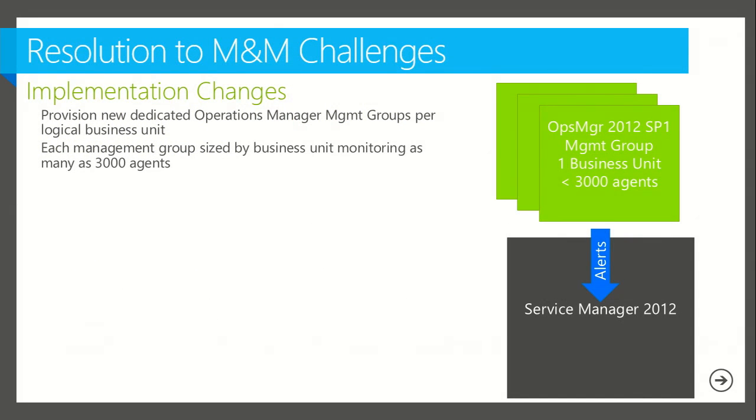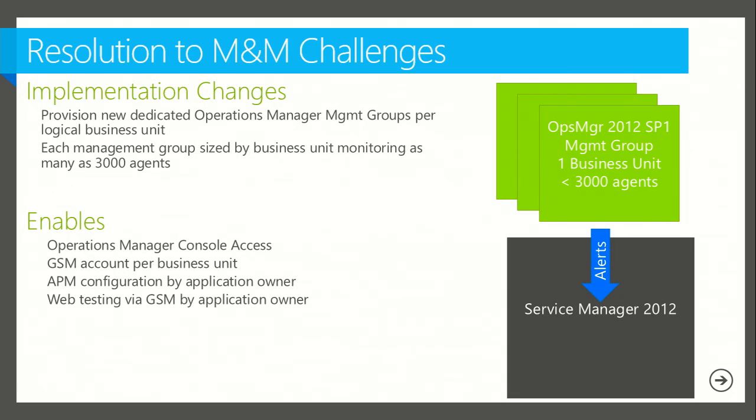So what did we do? We're actually spinning up dedicated operations manager management groups for each one of our partners. This is giving them the ability to access that console. It's something they've never had before, and a lot of them are really jumping into it with a lot of enthusiasm and taking advantage of these great features such as web availability monitoring, such as GSM, such as Microsoft.com with APM.